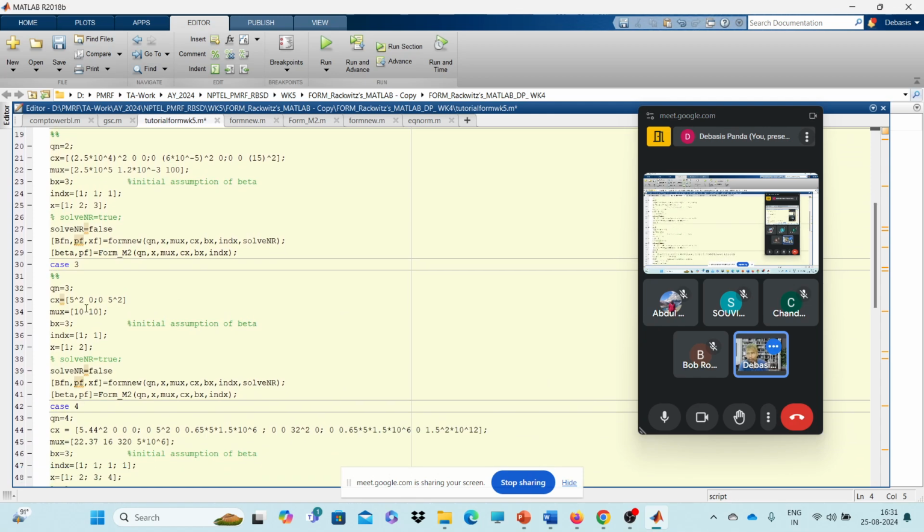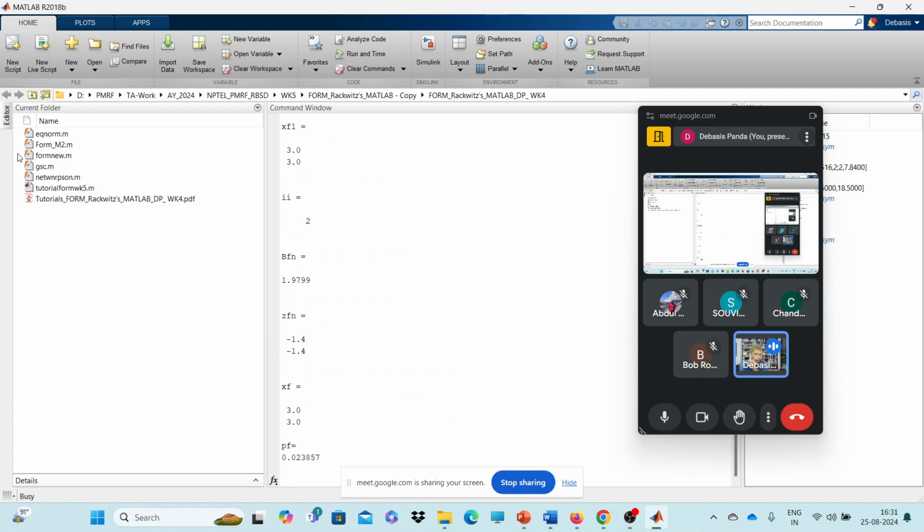Look, this is the covariance matrix, so there was no correlation. So just sigma x square and sigma y square. This is the mu, initial beta, index 1, because both are normal variables. Now call it. Let's check whether my two algorithms, Rackwitz and Rackwitz-Fiessler, are giving the same results or not. Rackwitz gives the result 1.9799 and the probability of failure should be 0.023.